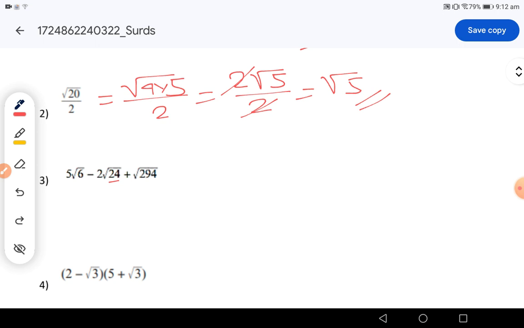So 24 we can write 6 into 4 and 294 can write 6 multiply 49. So write 5 root 6 minus 2 root 6 into 4 plus 2 root 6 into 49.